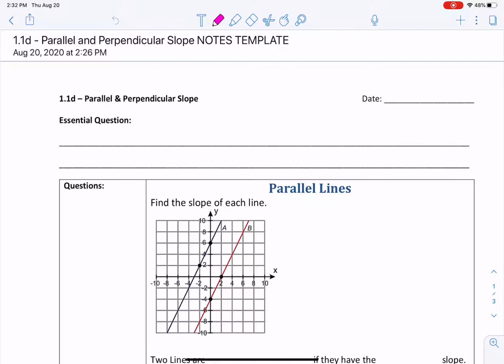Today we're talking about parallel and perpendicular slopes and how we can compare them and what they can tell us as we look at different slopes.